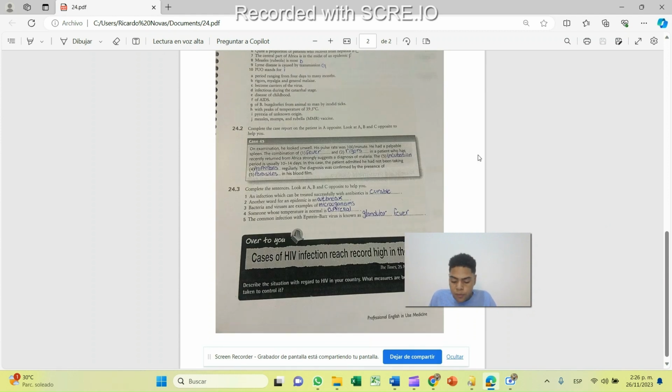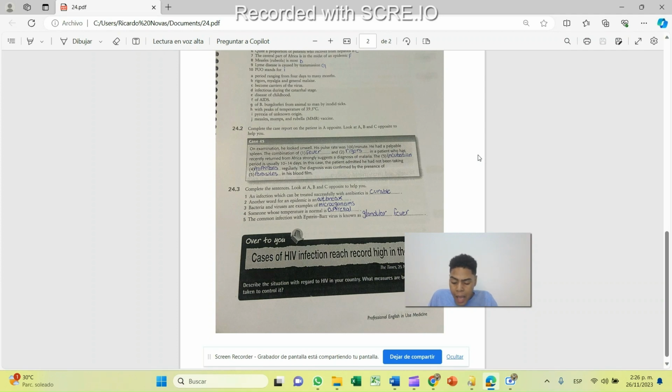24.2 Complete the case reports on the patient in A opposite. Case 45. On examination, he looked unwell. His pulse rate was 100 per minute.